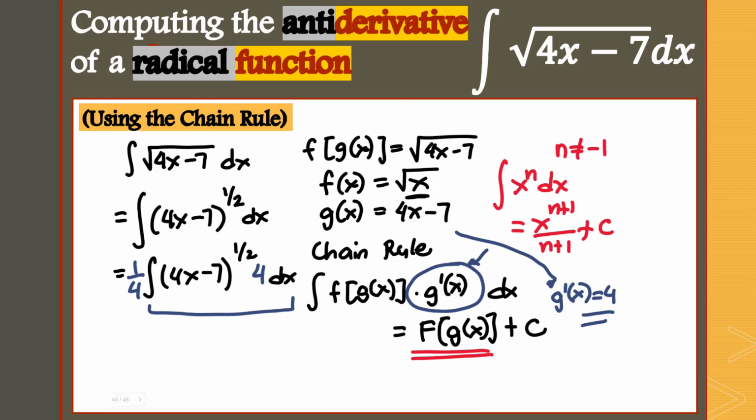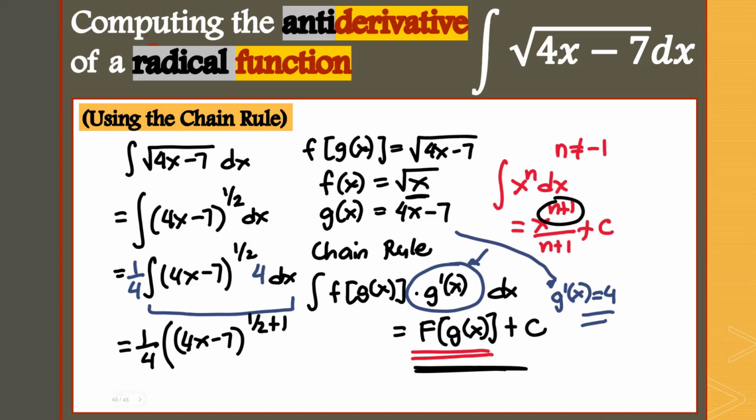So we'll have a factor of 1/4 outside, and since the integral fits the chain rule as we introduced 4 as a factor inside, we can now use the power rule to get this form. So the power rule will be 4x minus 7 raised to the power of 1/2 plus 1, that's n plus 1, over n plus 1.